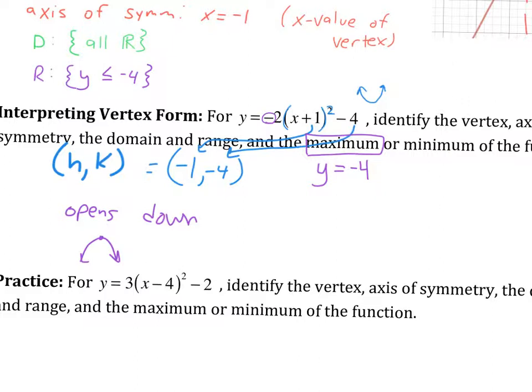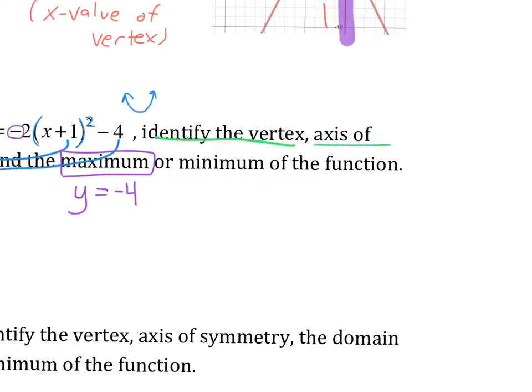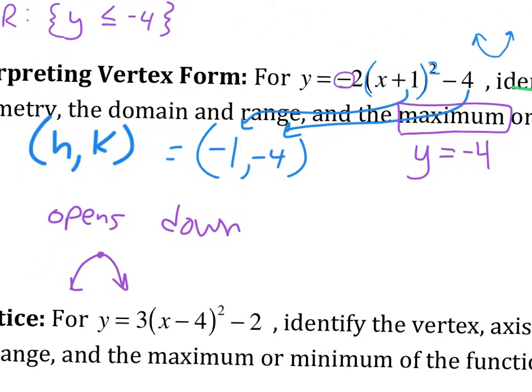One other thing we haven't mentioned yet, besides the vertex we already did, is the axis of symmetry. All we have to do is take my -1 there and turn that into my line. So axis of symmetry, x equals -1.